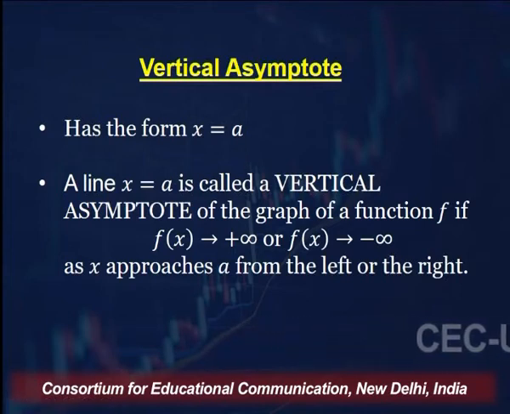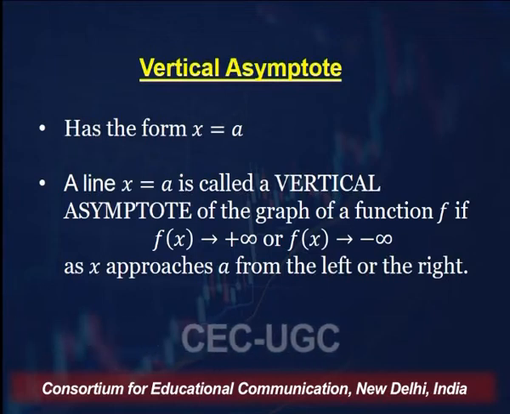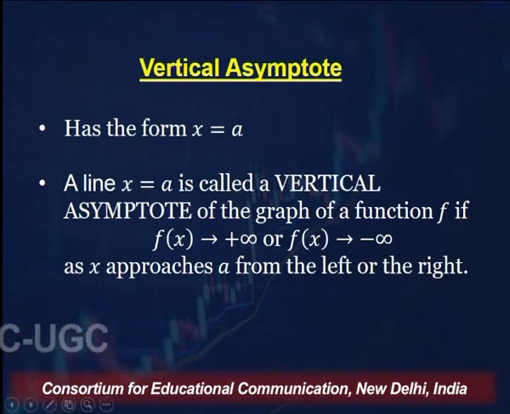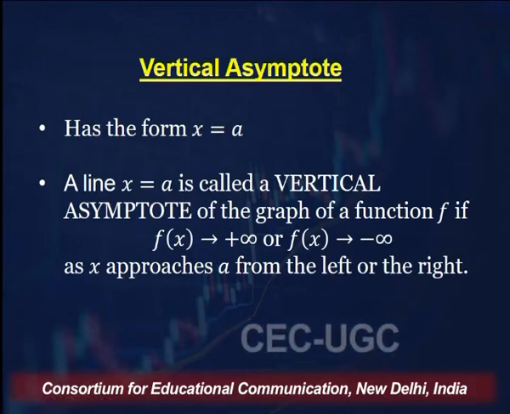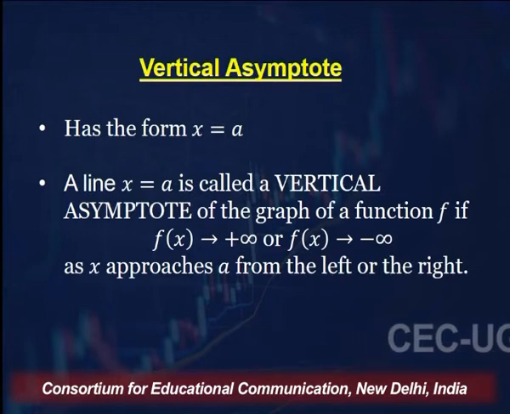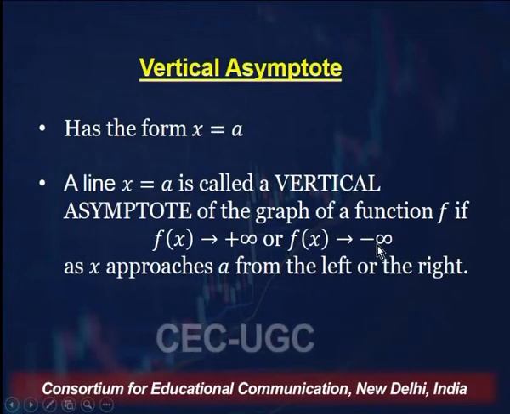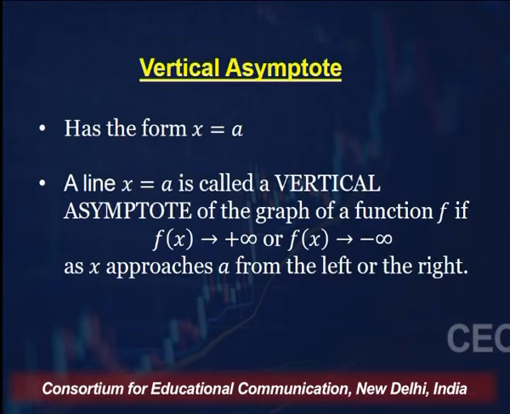A line x equal to a is called a vertical asymptote of the graph of a function f if, and this is a criterion that you have to keep in mind, when does a line x equal to a become a vertical asymptote? It is a vertical asymptote if the function f of x tends to infinity or minus infinity as x approaches a from the left or from the right.